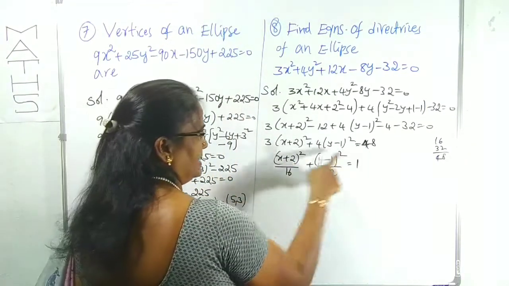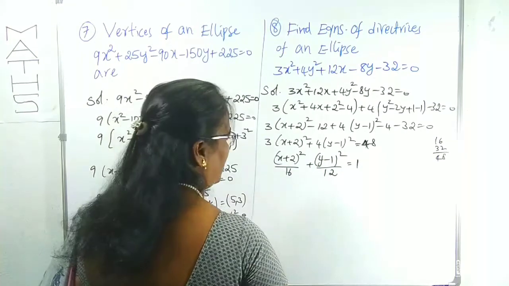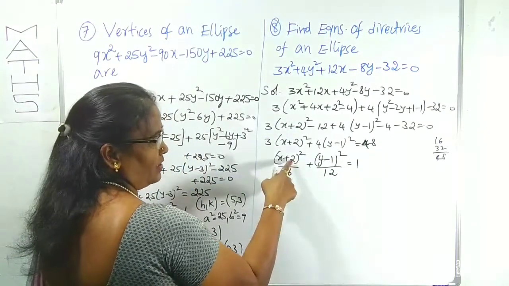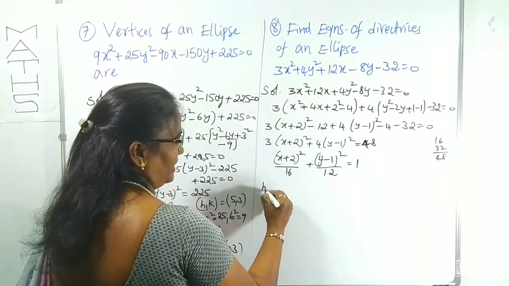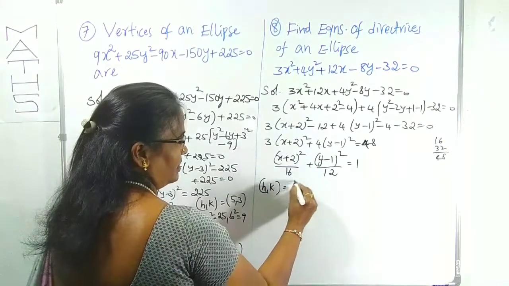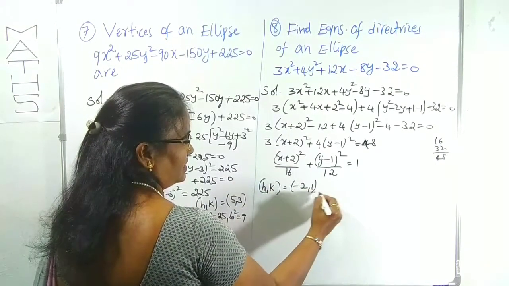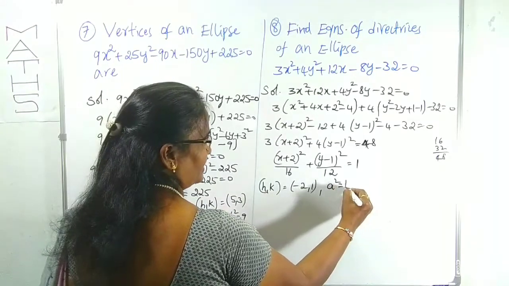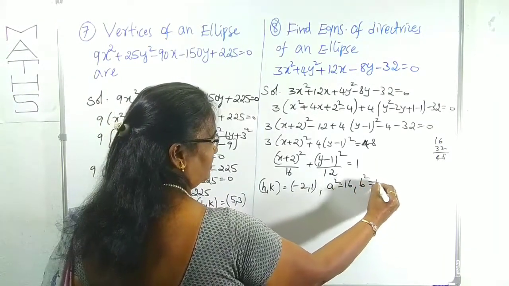Now what are a square, b square, you know? What are h, k, you know? Simply h, k are minus 2, 1, right? And a square is 16, b square is 12.